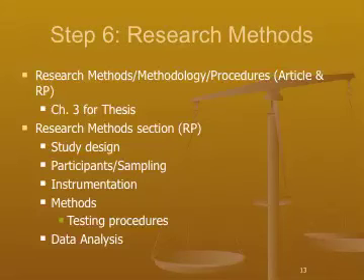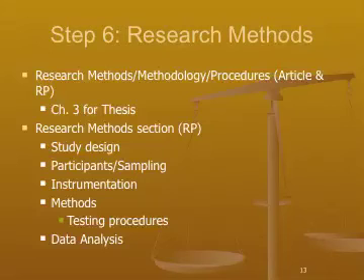Then our sixth step is the research methods step, which is the whole point of this class. For journal articles and in our research paper assignment, they'll actually have pretty extensive sections. It can be titled Research Methods, Methodology, and Procedures.